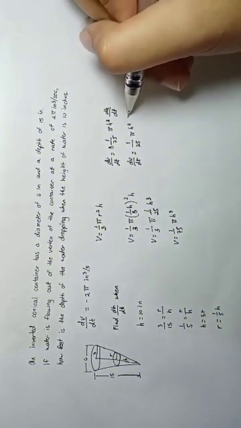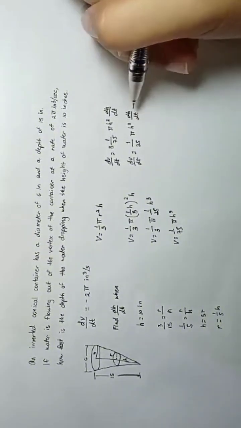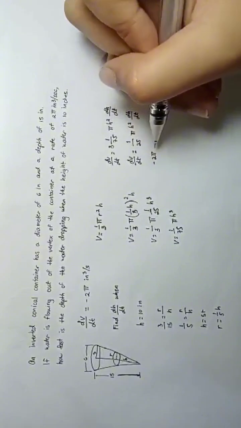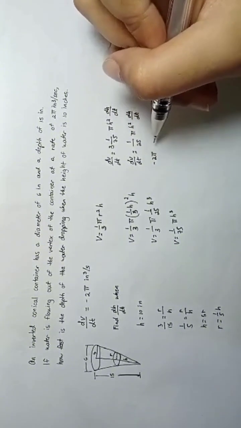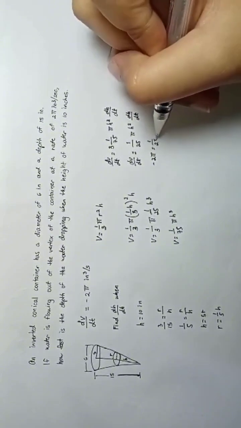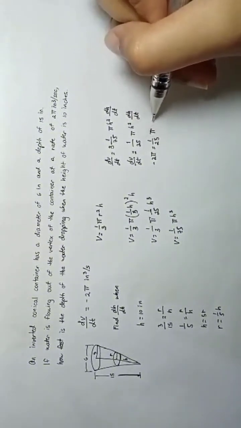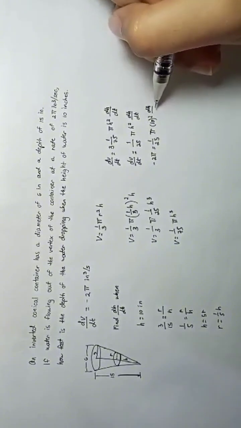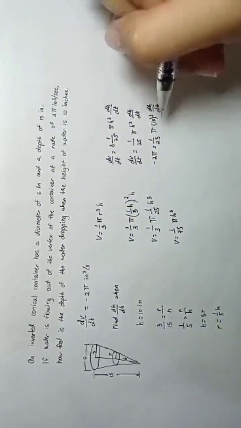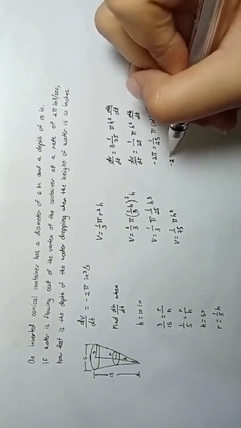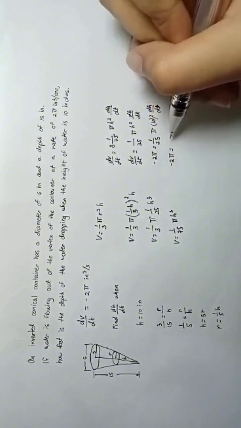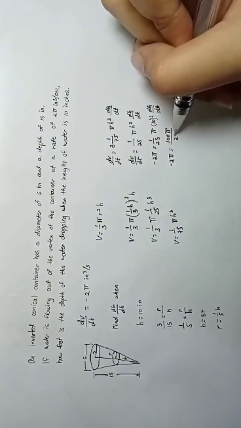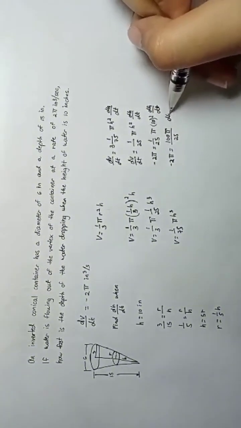So the dV over dt is given and the height is given. Let's plug that in. So negative 2 pi is equal to 1 over 25 pi times 10 squared dh over dt. Let's combine that together and it became negative 2 pi is equal to 100 pi over 25 dh over dt.